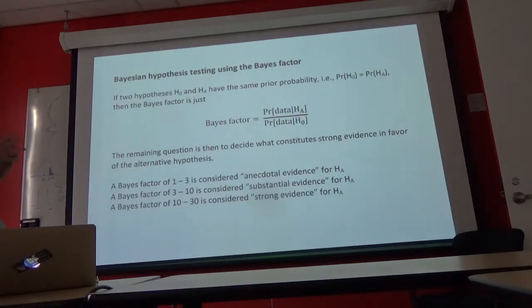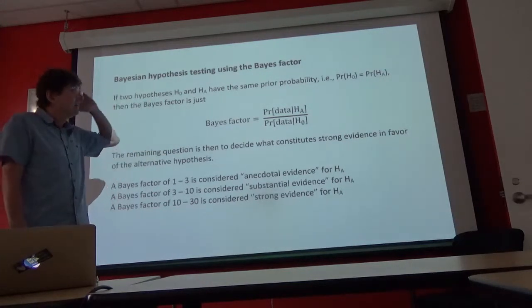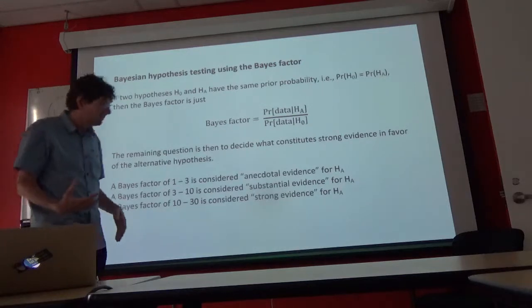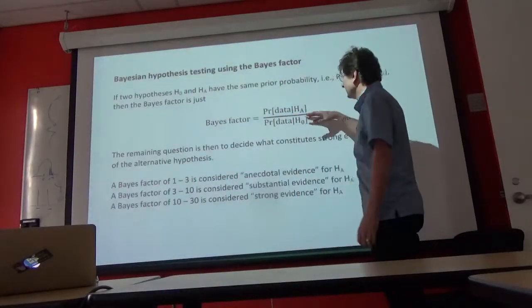If that's the case, then the Bayes factor is just the ratio of the likelihoods: the probability of the data given H1 over the probability of the data given H0. And then the Bayes factor at this point is treated much like an AIC difference, where we say, well, a Bayes factor of 1 to 3 is considered not very strong support for the alternative hypothesis.